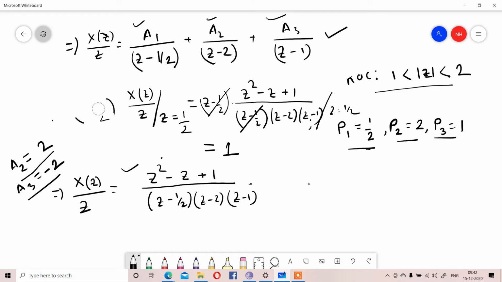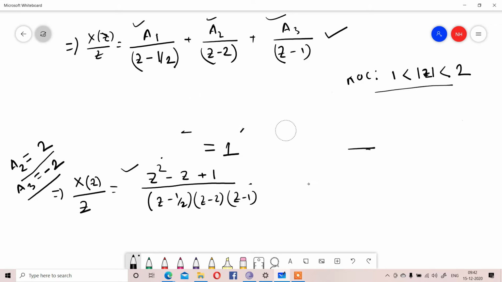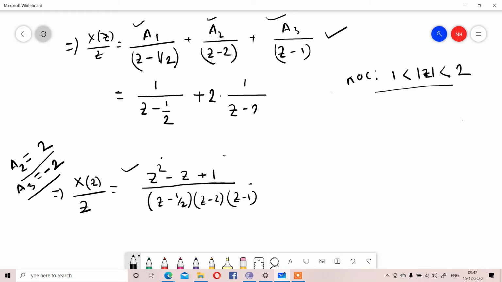So if we replace that, Xz by z will be, first value is 1, so 1 by z minus half, then A2 is 2, so plus 2 into 1 by z minus 2, third value is minus 2, so minus 2 into 1 by z minus 1, that is your Xz by z.